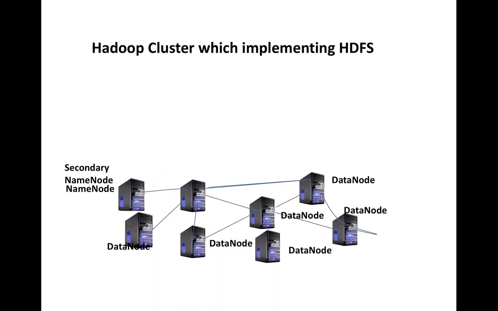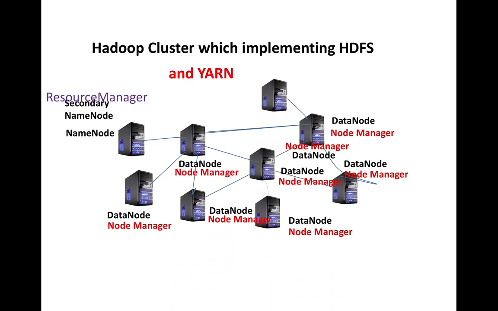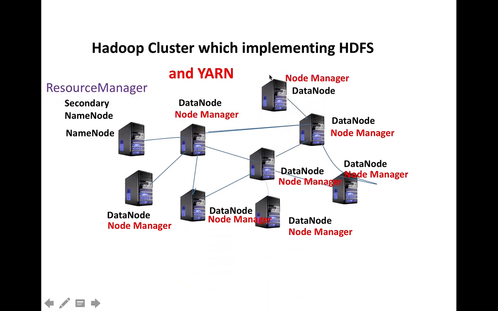The resource manager, secondary name node, and name node can all be on one machine. The others are just the slave roles. Sometimes the master node can also be made a data node, and then we can also store the node manager on this machine.